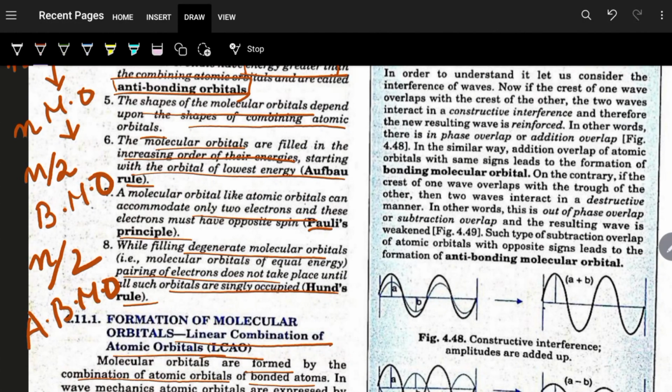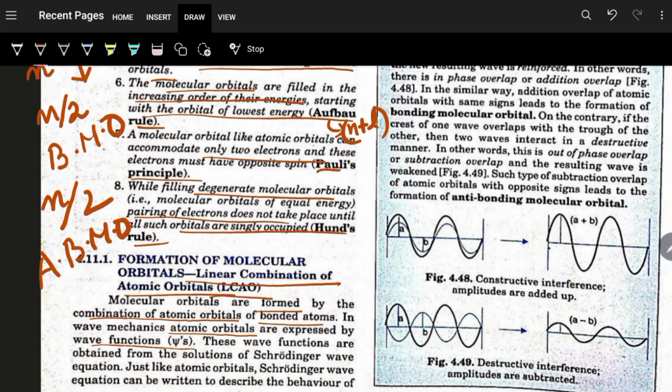In Aufbau principle, we have seen that it was governed by the n plus l rule, in which the atomic orbital having the lower energy was occupied first. Similarly, the molecular orbital having lower energy will be occupied first. Molecular orbitals, like atomic orbitals, can accommodate only 2 electrons, as per Pauli's principle.